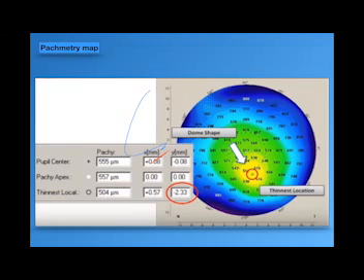If you have borderline figures in all with abnormal topography, you have to suspect this patient as a forme fruste keratoconus patient, and don't go for any refractive surgery, even PRK.